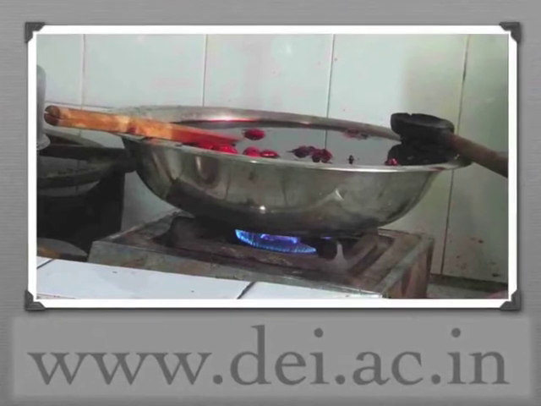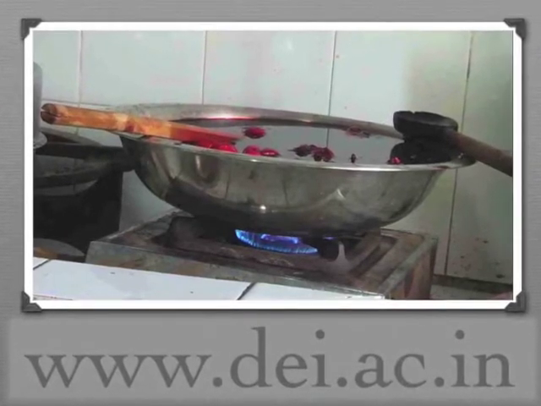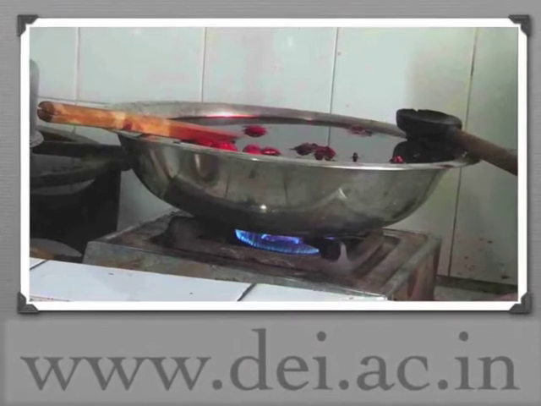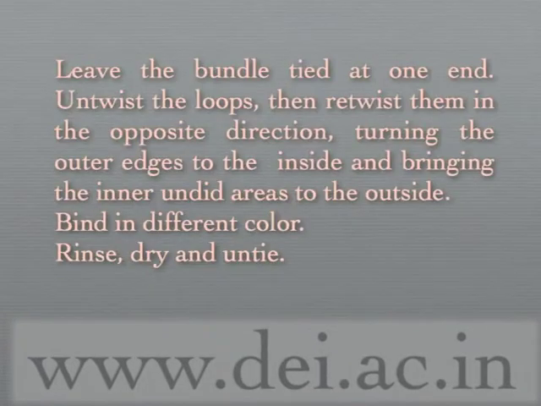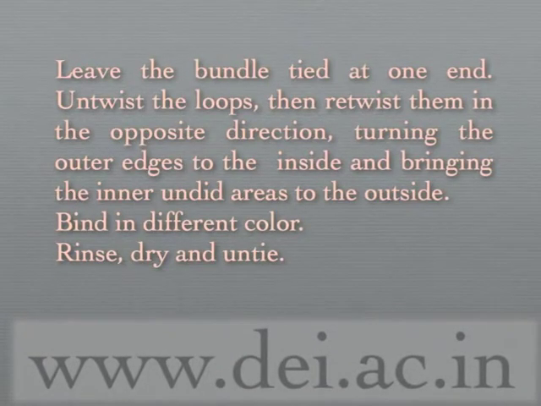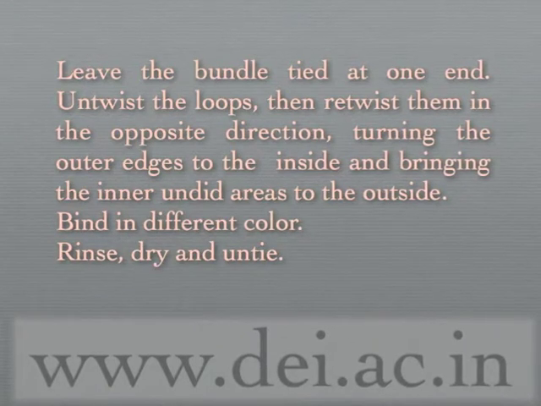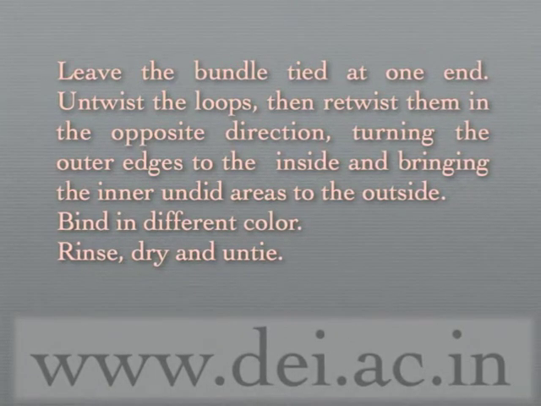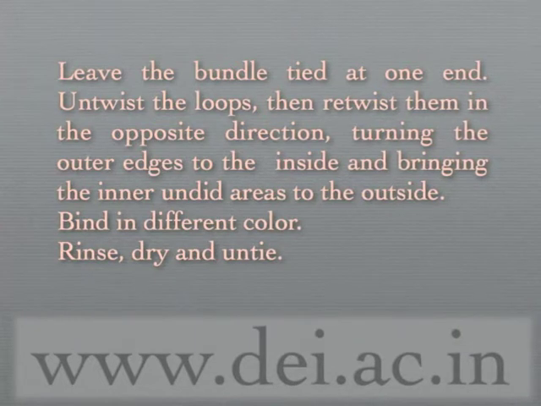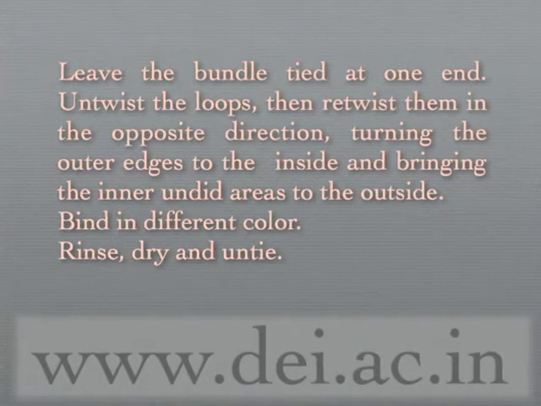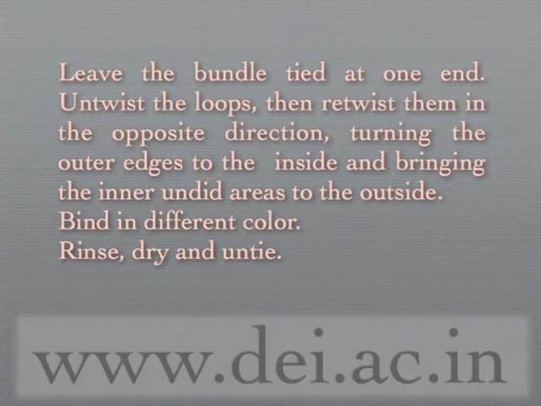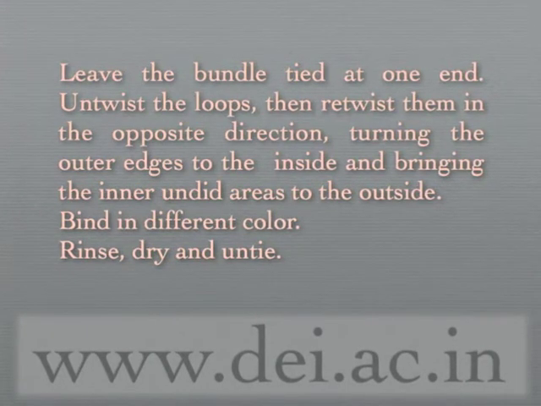Before dyeing a second or third color, untie the binding but leave the bundle tied at one end. Untwist the loops, then retwist them in the opposite direction, turning the outer edges to the inside and bringing the inner undyed areas to the outside. Bind and dye a different color.